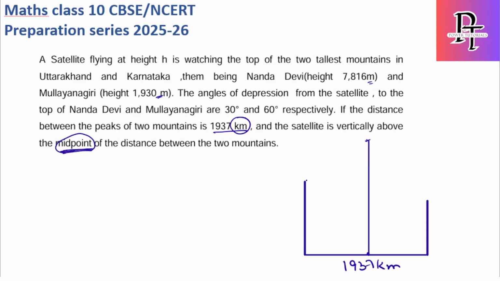From the satellite to the top of the first mountain, the angle of depression is 30. Using the alternating angles concept, I can say this is 30. The height of the first one is 7816 meters, and the second one is 1930 meters. From here I will draw another line, and this angle is 60.